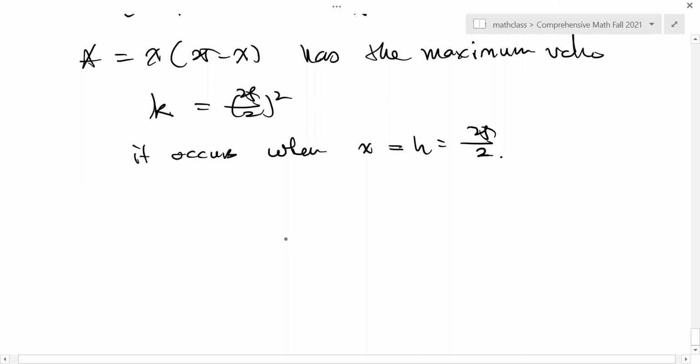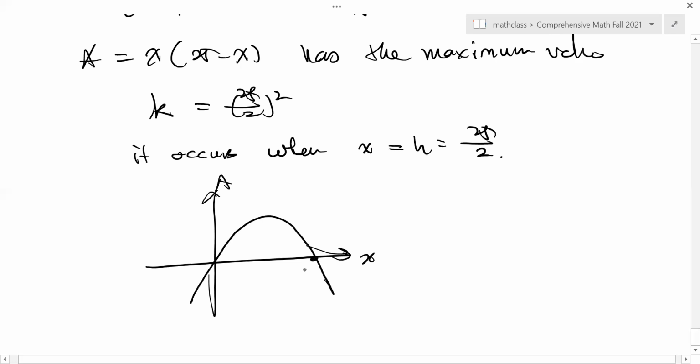If you are able to draw the graph, this is a parabola that opens downward. And the graph must be symmetric about the axis. Now, what is the axis? The axis should be in the middle. What is the middle? That's 25/2. And this is the highest point for this function.